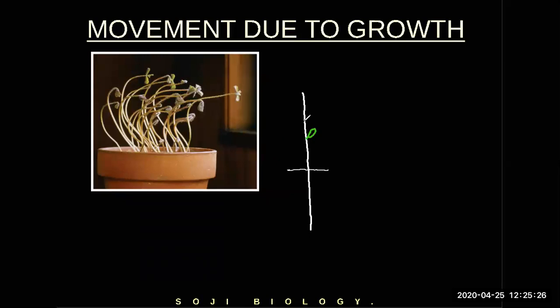This is the shoot, and those are the roots. Every plant has two parts, root and shoot. So this is the shoot, and that's the root. What do you mean by shoot? It has stem and leaves. And let's say this is the source of energy, light, okay, sunlight.